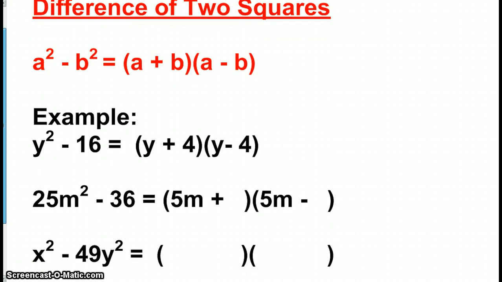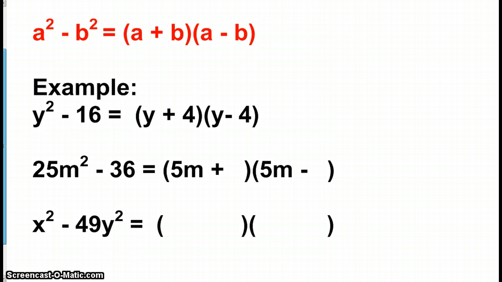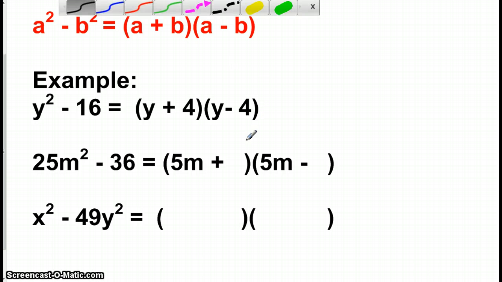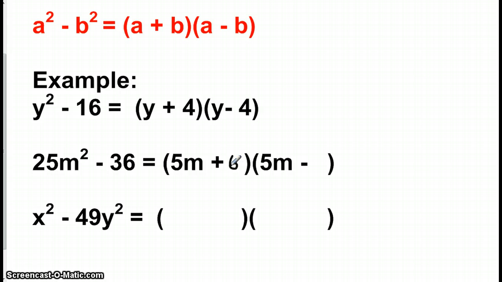In the next case, you see 25m squared minus 36 equals, well, again, it fits the pattern of a squared minus b squared. So we're going to take the square root of the first, which is 5m, and add the square root of the second. Well, the square root of the second is 6. So we're going to have 5m plus 6 times the quantity 5m minus 6.